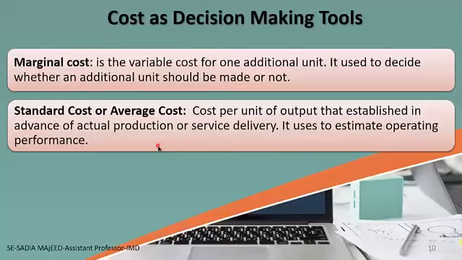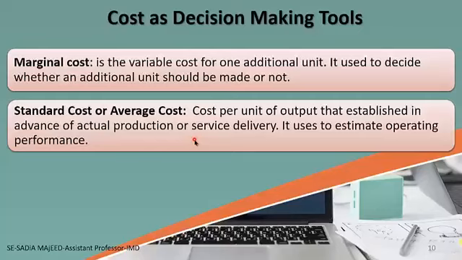How? You have set the standard by calculating average cost on the basis of the estimated directs and indirects, right? Then you go into the actual production. After you go into the actual production, you get the actual cost. Now you can compare actual cost with the standard cost or average cost which you have already established even before starting the production.